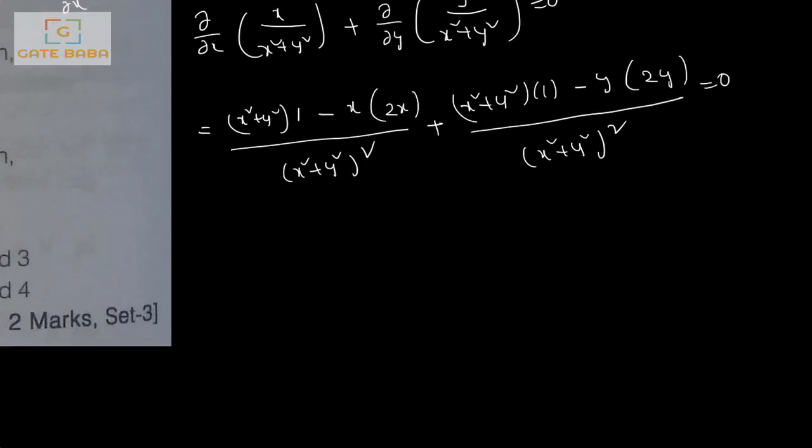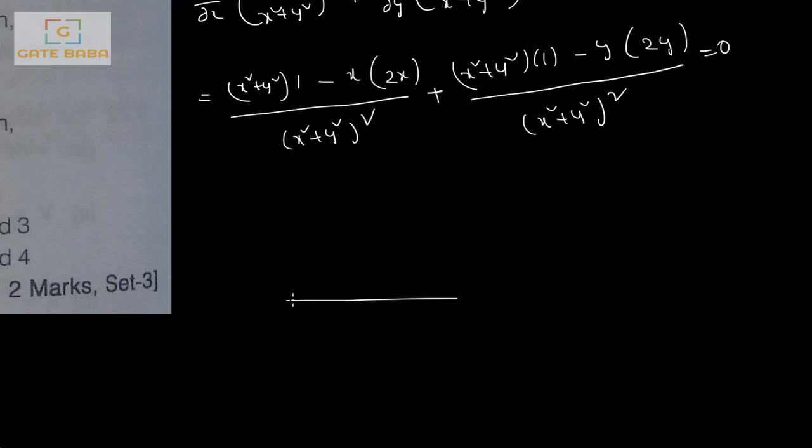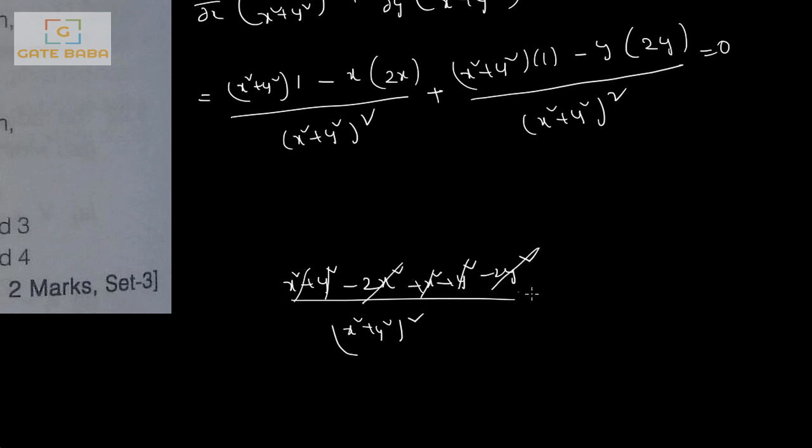Just take the LCM. LCM is (x²+y²) whole square, and the numerator is x²+y²−2x² + x²+y²−2y², so y²−2y²+x²−2x² is 0. So 0 equals 0, satisfied.